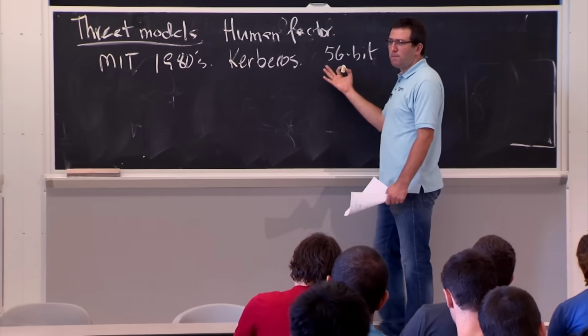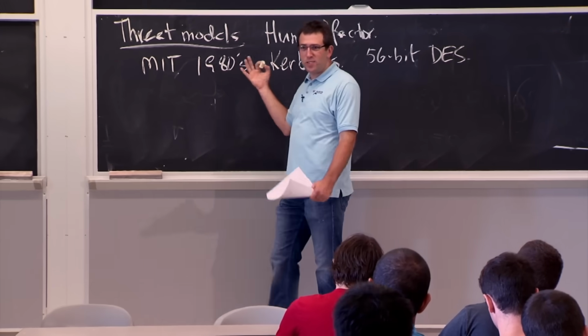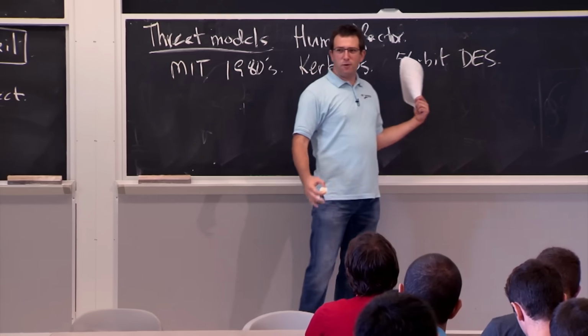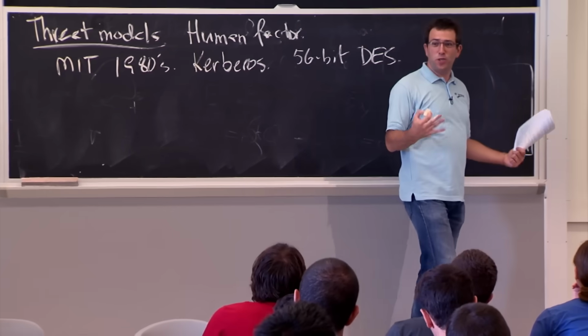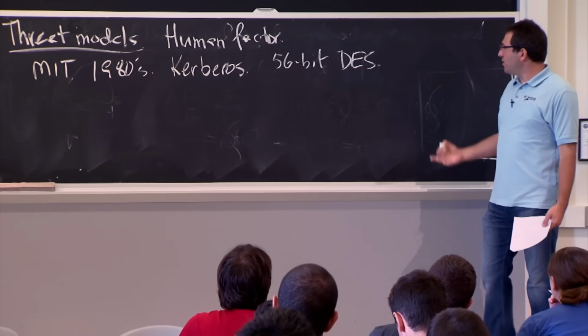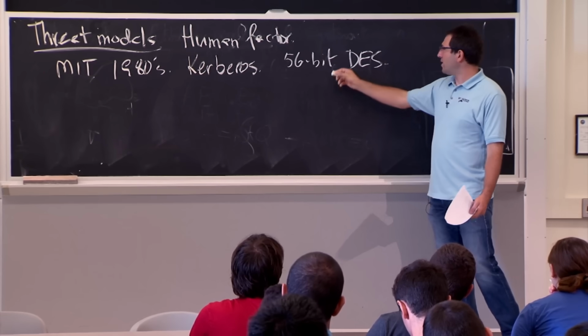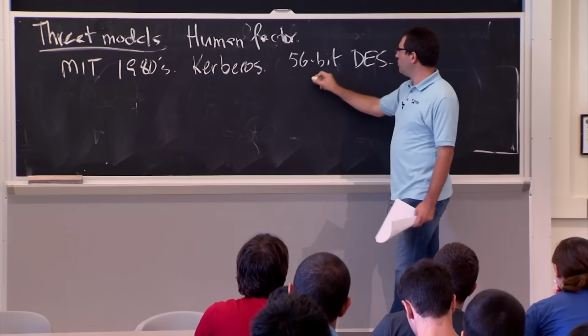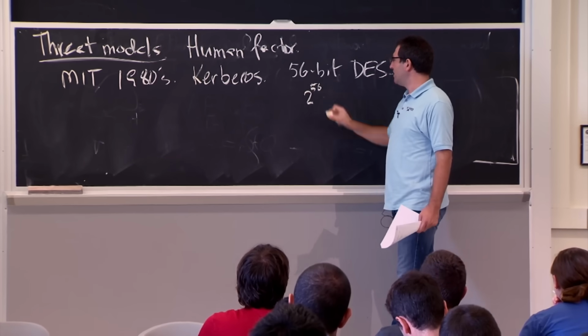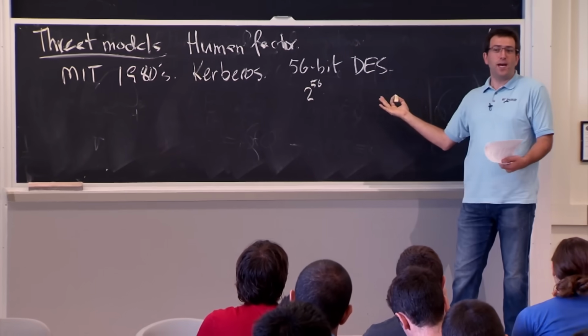But then the system got popular, got used a lot. MIT still uses it. And they never really went back to seriously revisit this assumption. Then a couple of years ago, a group of 6.858 students figured out that yeah, you can just break this. It's easy enough to enumerate all the 2^56 keys these days. Computers are so fast, you can just do it.